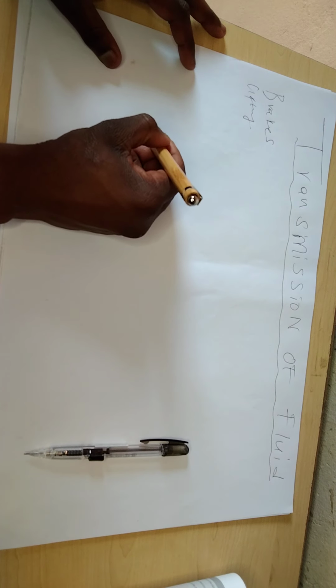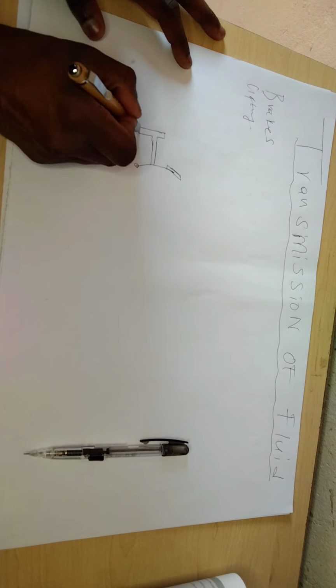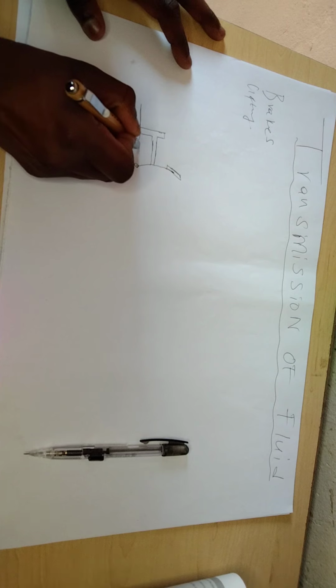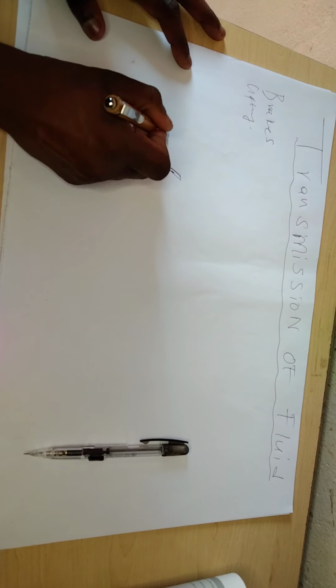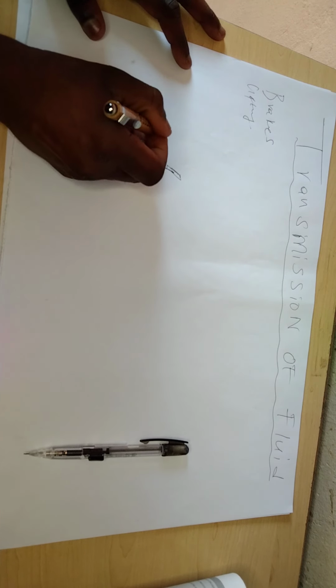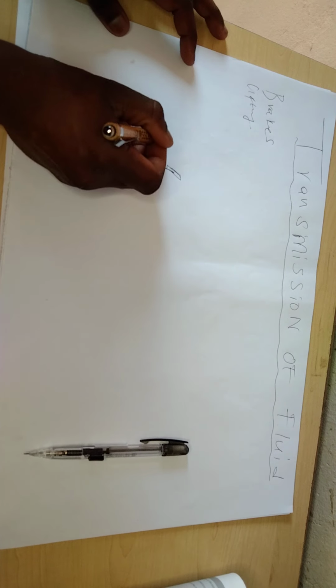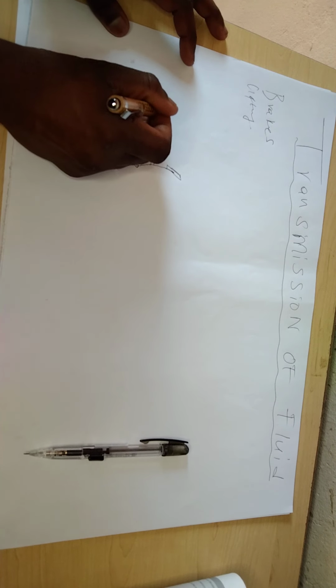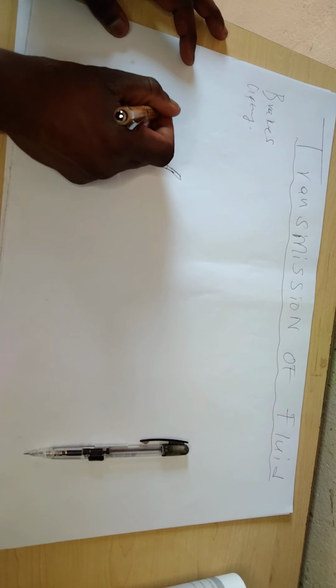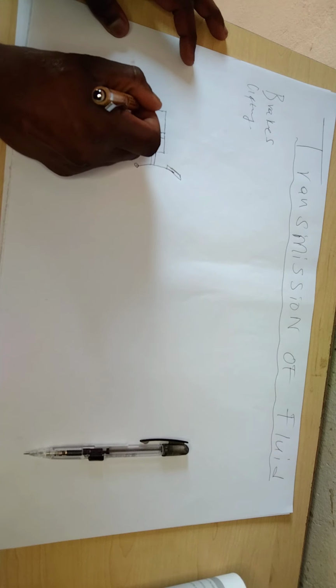And we assume this is the cylinder. I will call it a master cylinder because I'm doing a brake. I'm trying to make a brake system, and I will name it like this.